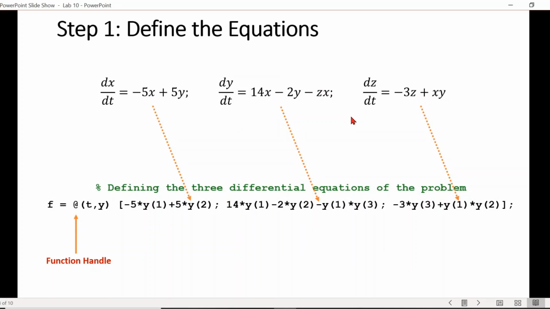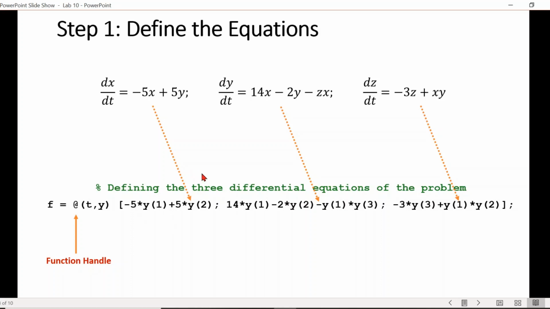The first step is we need to define the ODEs in MATLAB. Here you see I use a MATLAB function handle to define the equations.